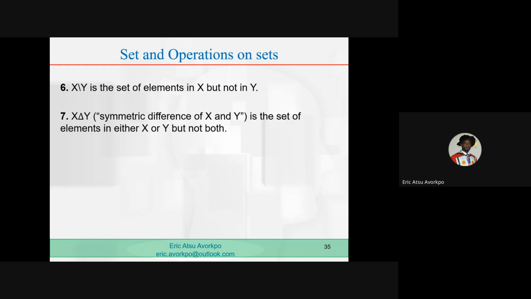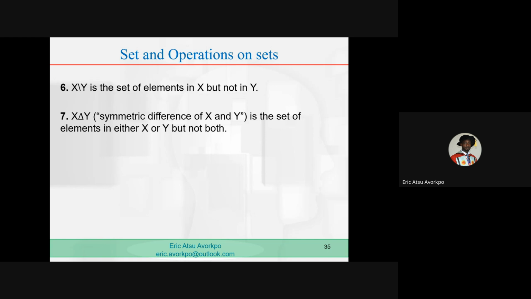Those that are specific or exclusive to only one of the sets. So to be able to write that, you write that set, slash, the other set. So we are talking about only the members of X.